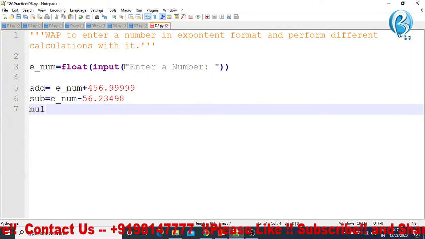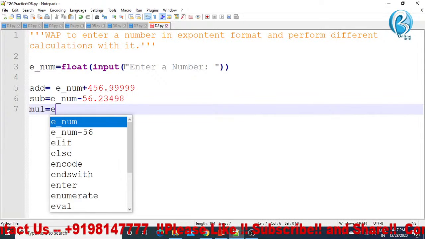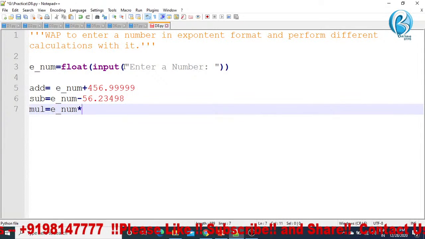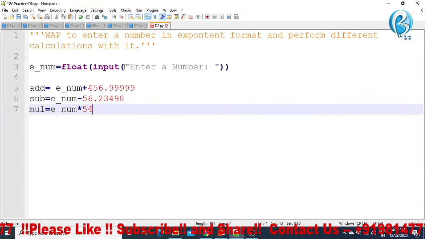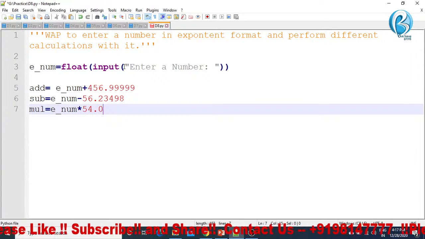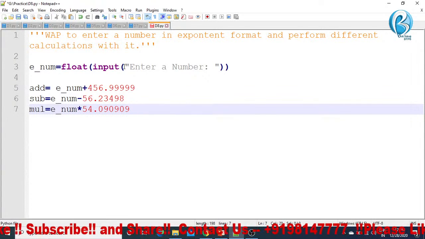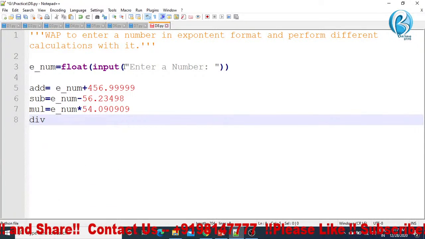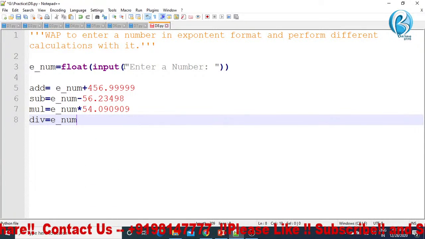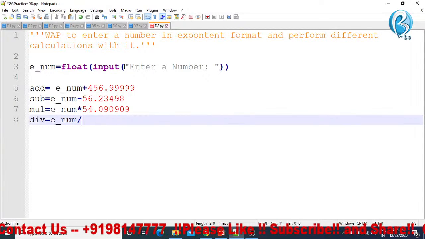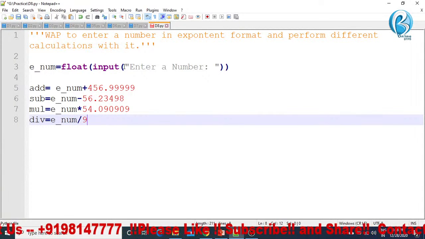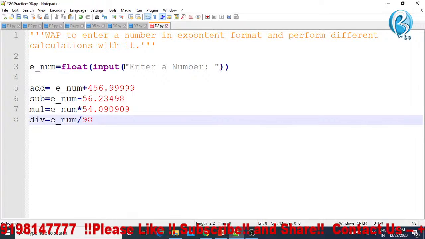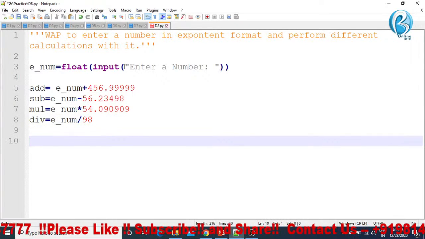Multiplication, equal e_num multiplied by 54.090909. Okay, division. So division equal e_num divided by 98. Fine.